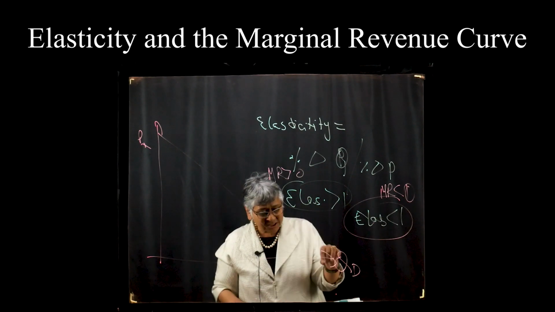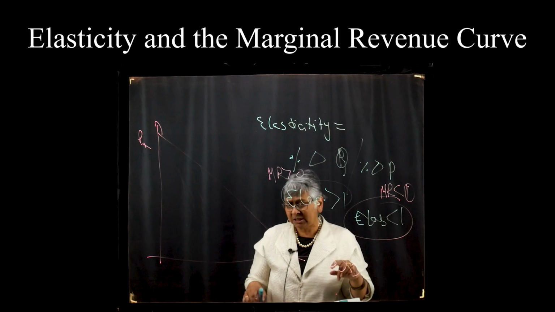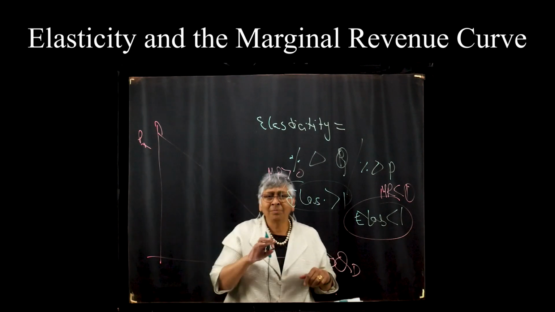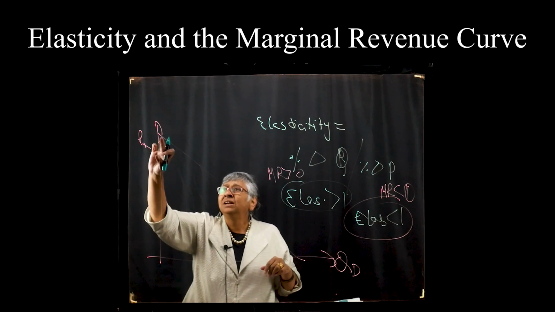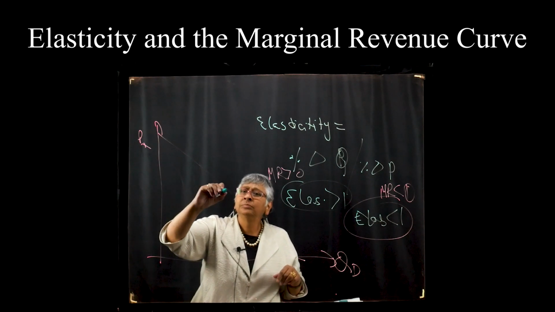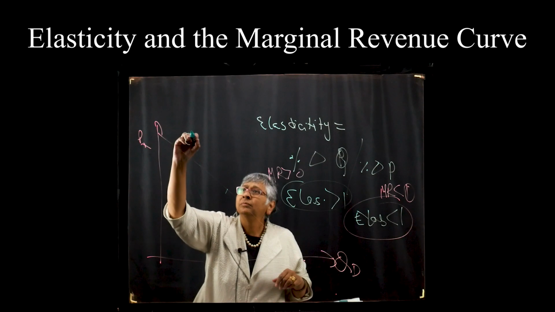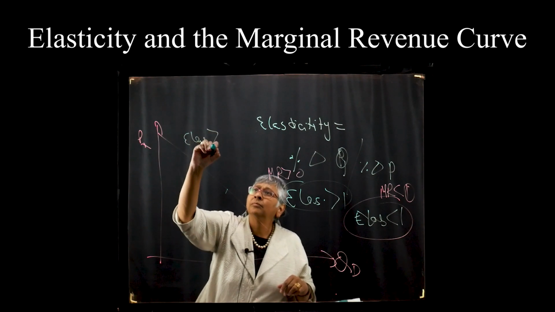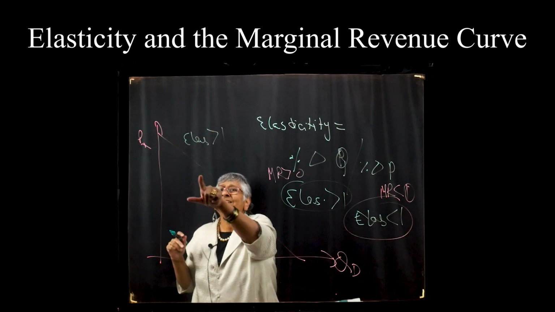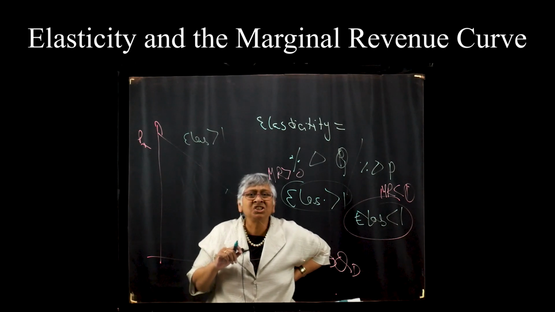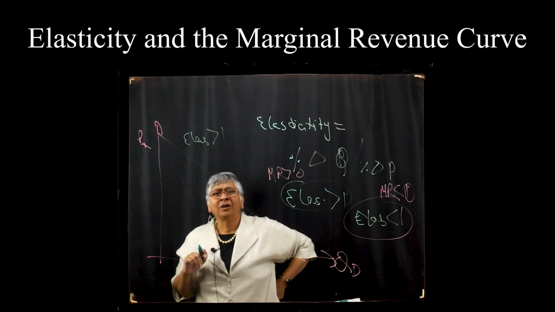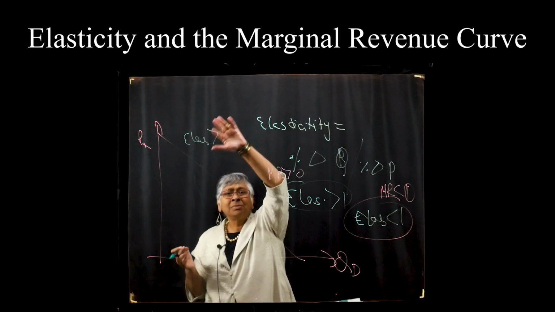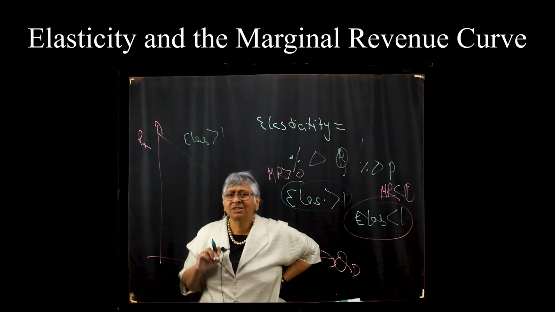So this intuition tells me something about this straight line demand curve. Initially, when elasticity is greater than 1, my marginal revenue is positive, my total revenue is increasing.